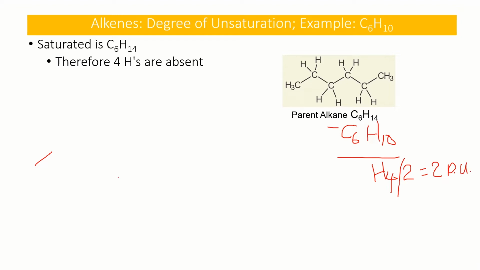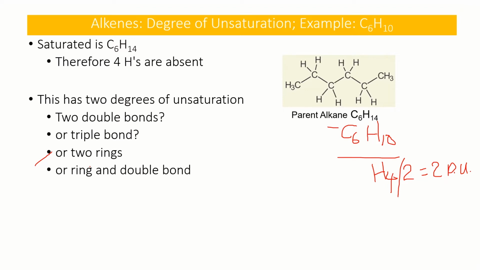A number of isomers that I can think of are these. We can either have a C6 species with 2 double bonds, or a C6 species with a triple bond, or we could have a species with 2 rings, or a ring and a double bond.